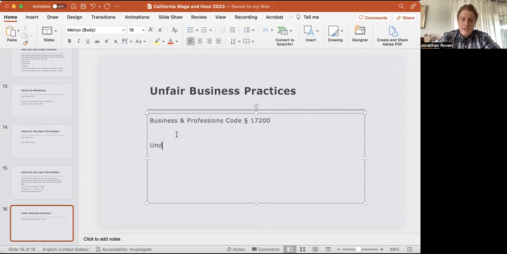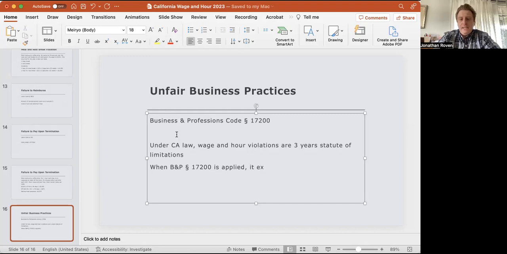Under California law, wage and hour violations have a 3-year statute of limitations. But when Business and Professions Code section 17200 is applied, it extends to 4 years.